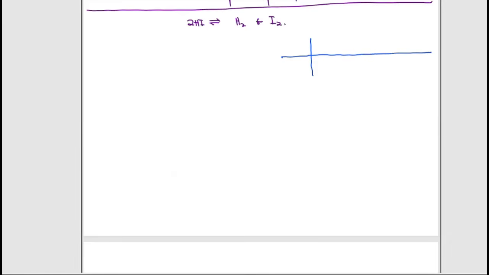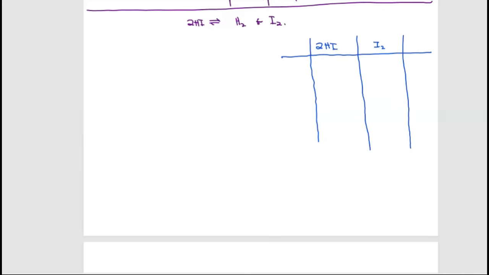Then here I'm going to split it into three different parts. Here I'm having my 2HI, then here I'm also having my I2, and then let me start with hydrogen there, which is my H2.